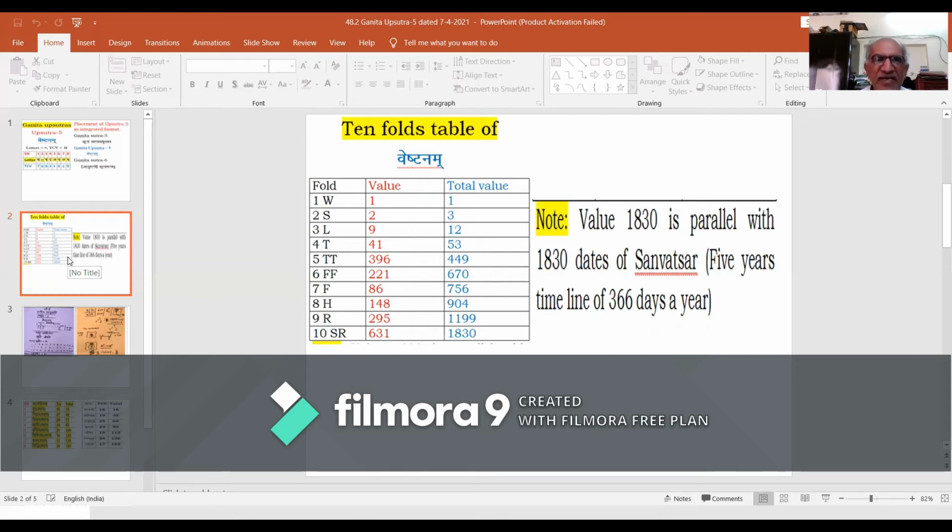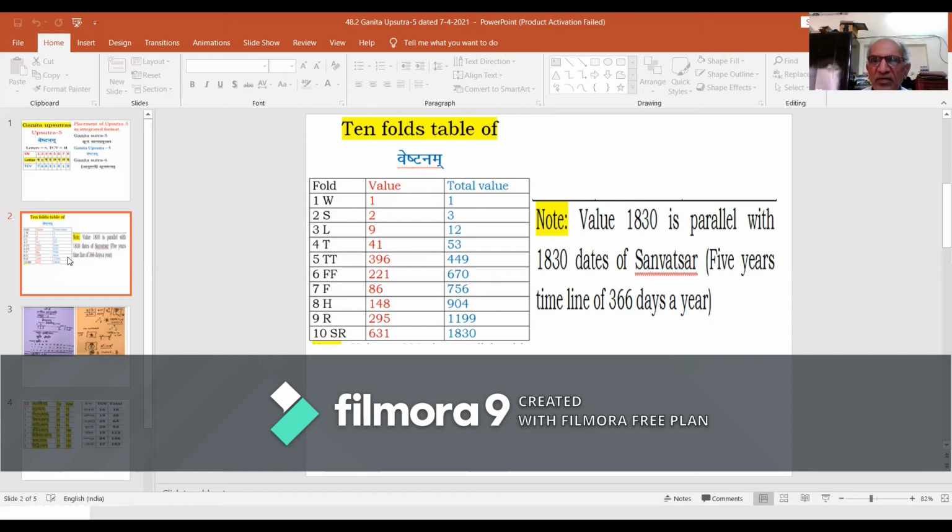These values, as depicted in red color, are 1, 2, 9, 41, 396, 221, 86, 295, and 631, which together make the summation value 1830. Let us have a pause.